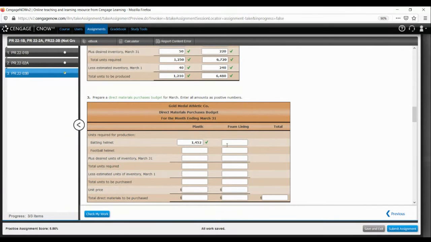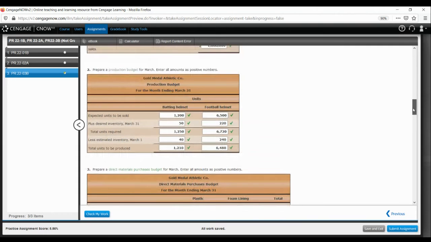Since we're working with batting helmets, I'm going to look at the foam lining that I need for my batting helmets. So again, the batting helmets that I'm going to be producing is 1,210.